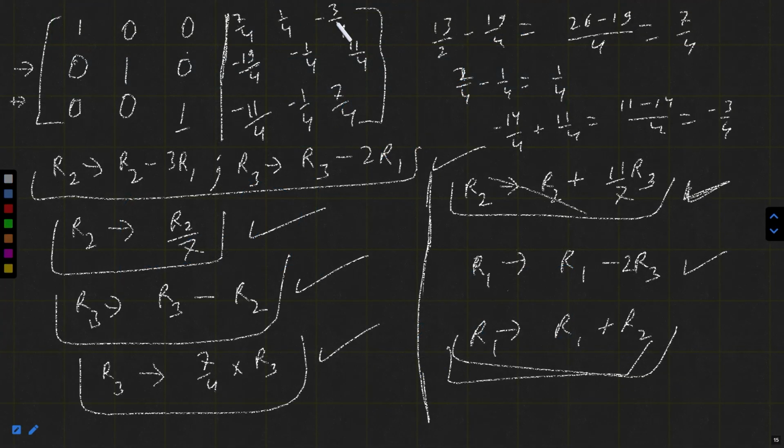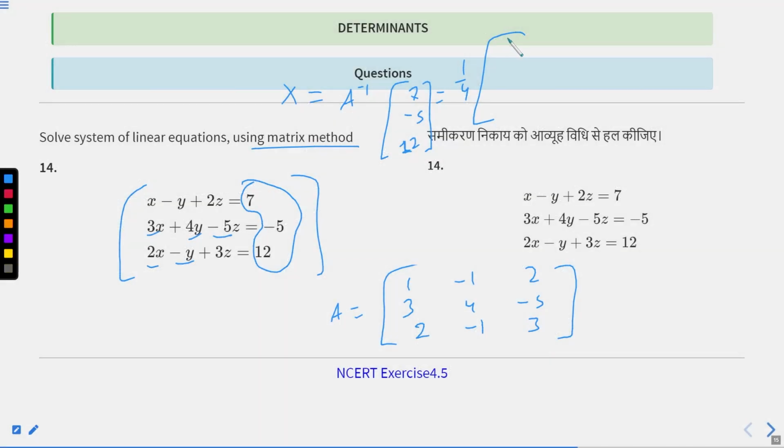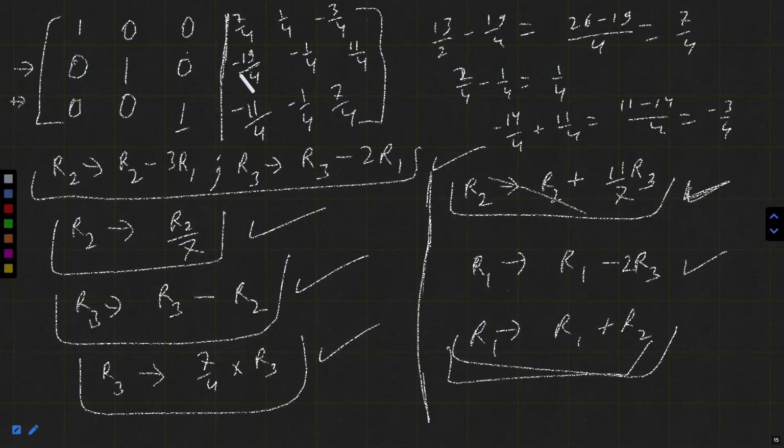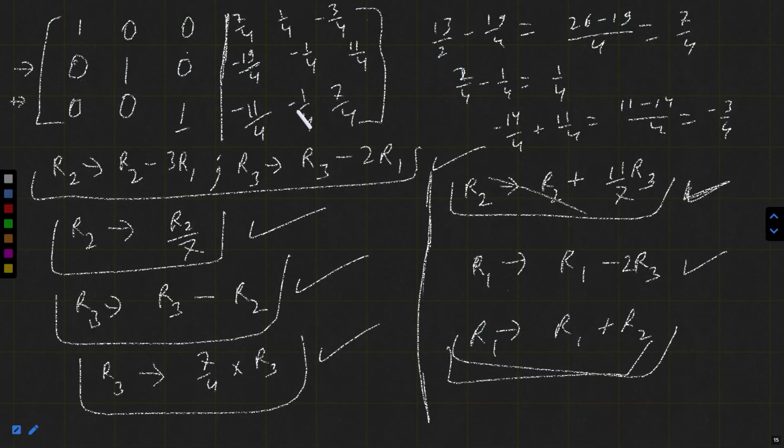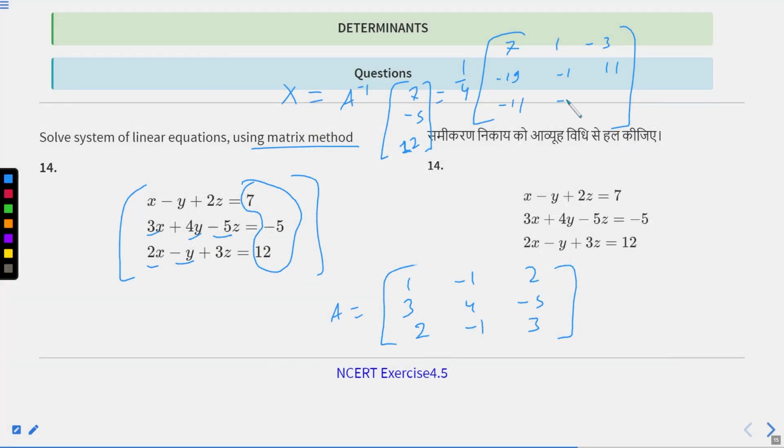So this means 7, 1, minus 3; minus 19, minus 1, 11; minus 11, minus 1, 7. So now B. 7, minus 5, 12.